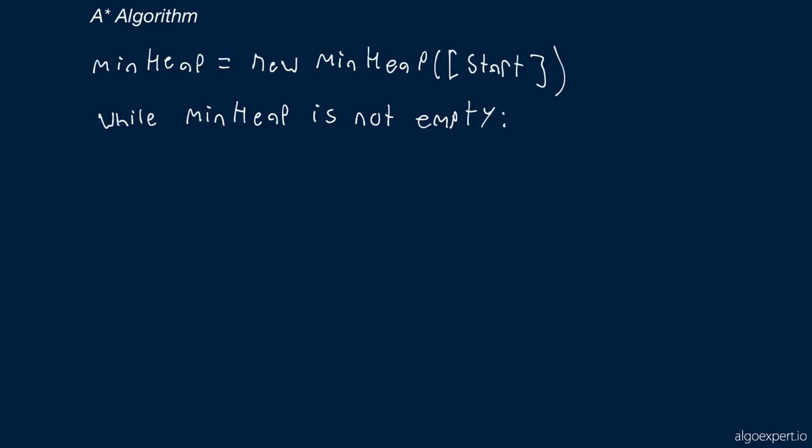So we'll say that the node that we want to consider is equal to the min heap, and then the method we'll use would be something like pop or remove. Whatever you want to call it, I'm just going to call it pop, but we'll remove the minimum element from the min heap.